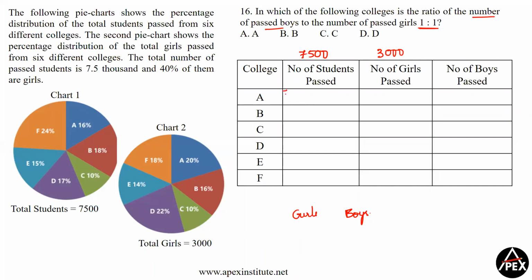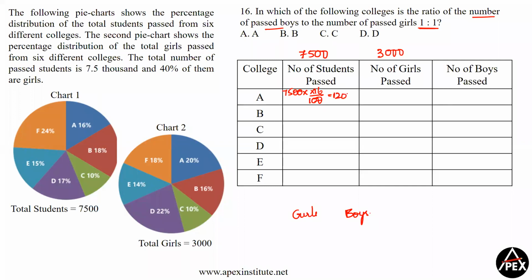So the number of students passed from college A will be 7,500 into 16 by 100. So what is the total number of students passed from A college? What is this value? 1200, isn't it?